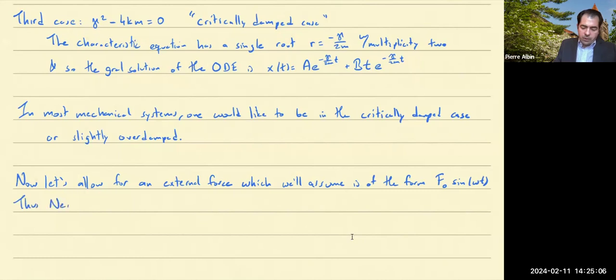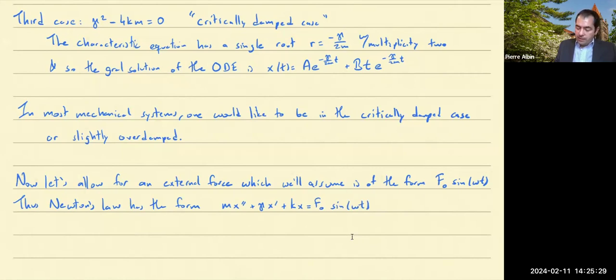Okay, so that modifies Newton's law. So then now we have m x double prime plus gamma x prime plus kx is equal to F naught sine of omega t.